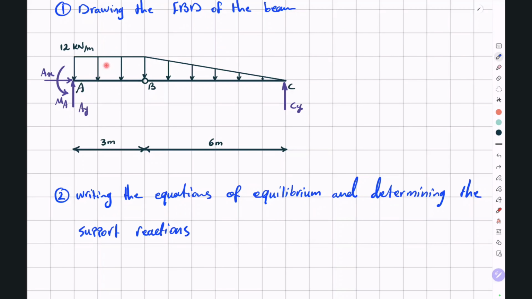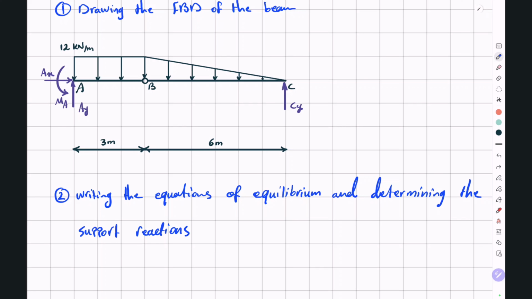So for this rectangular load, we have a 36 kN force applied at a distance 1.5 meters from the left end. And for this triangular load, the magnitude of the single resultant force will be the area under this triangle, or 12 multiplied by 6 divided by 2, which is also 36 kN.